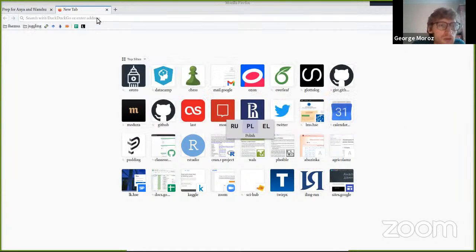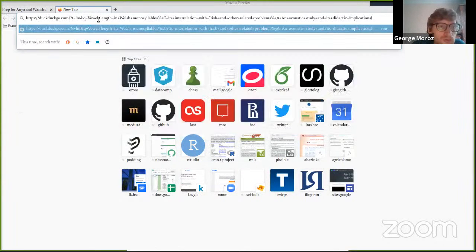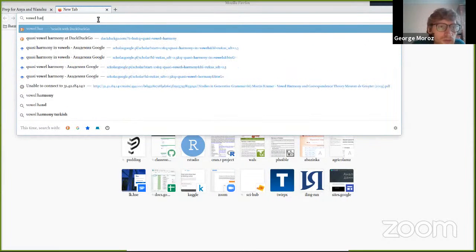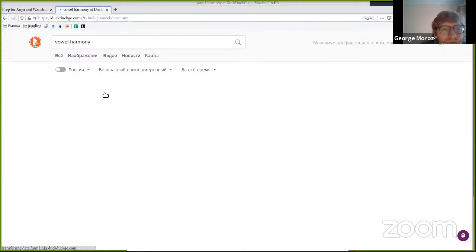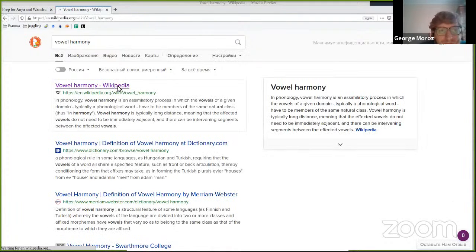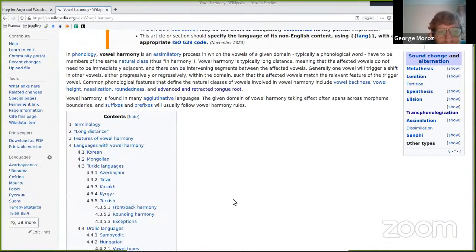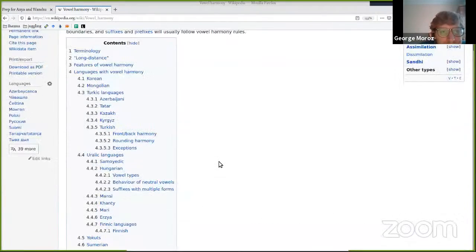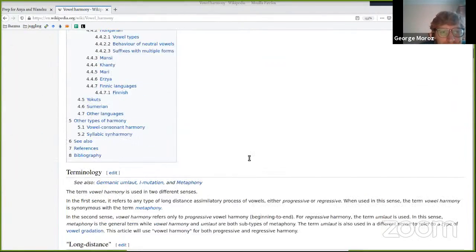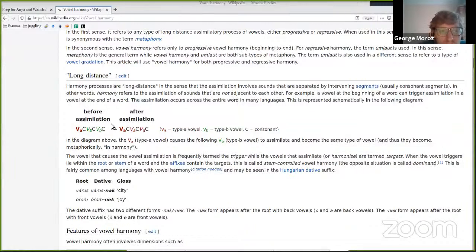And let's start with vowel harmony. Now let's go to Wikipedia, for instance, and maybe they will have some examples. So the main idea of vowel harmony is that you have some feature.